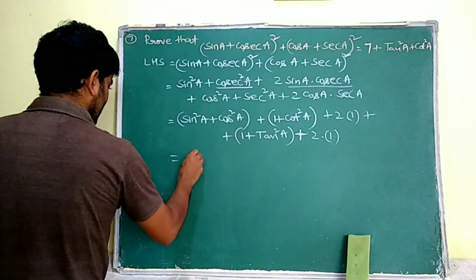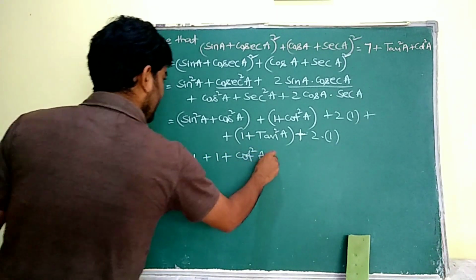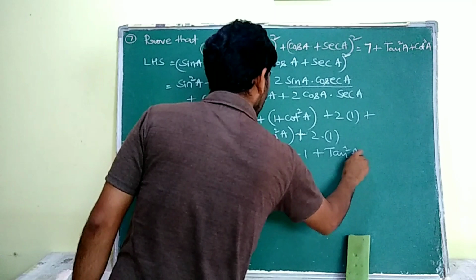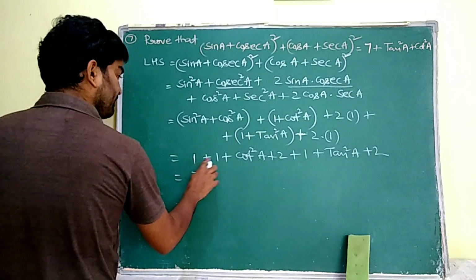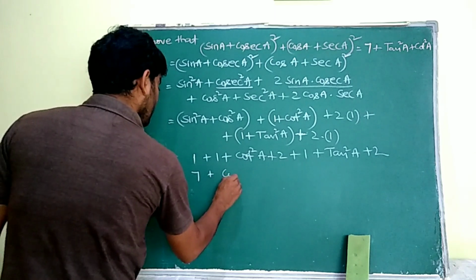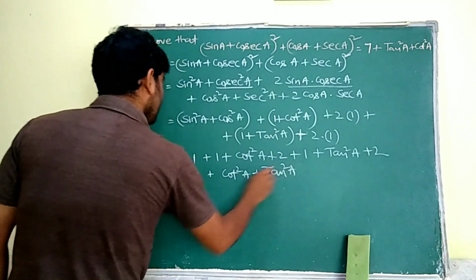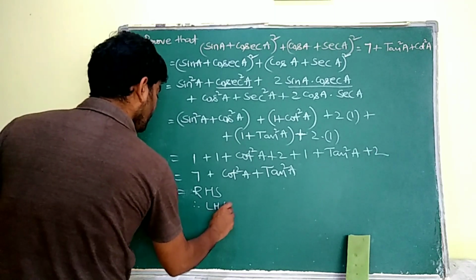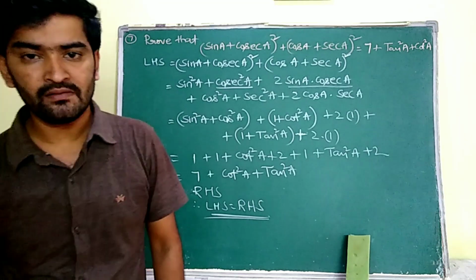Sin square A plus cos square A value 1 we know. Plus 1 plus cot square A plus 2 plus 1 plus tan square A plus 2. So by adding all the numbers, these numbers are 7. 1 plus 1 is 2, 2 plus 2 is 4, 4 plus 1 is 5, 5 plus 2 is 7, plus cot square A plus tan square A. That is equal to our RHS. Therefore, LHS is equal to RHS. Very important problem. Okay, na?